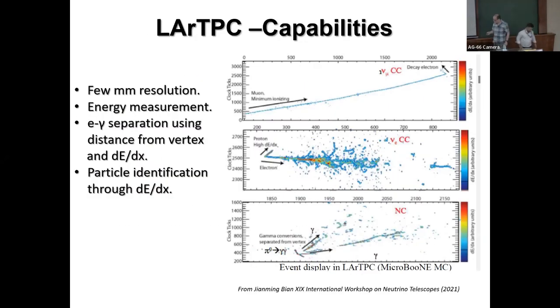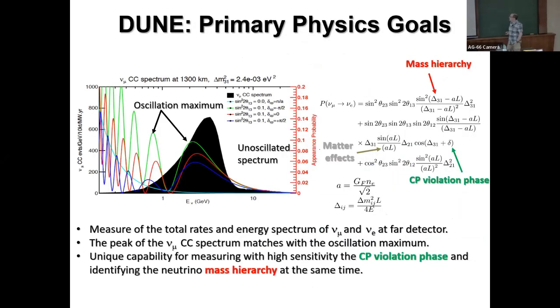Well, this is the physics of Dune. It's very interesting. First of all, let's understand what we are seeing here. You have here the unoscillated spectrum, the nu mu charged current spectrum, and then superimposed on this unoscillated spectrum, you have the neutrino oscillation probability nu mu to nu e for these different parameters.